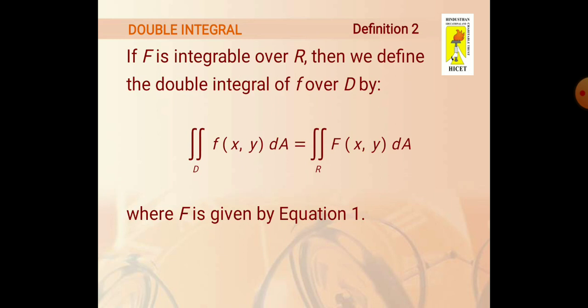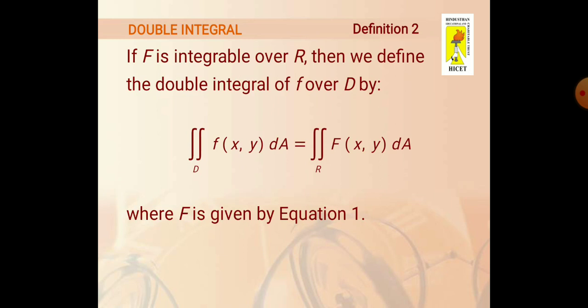If F is integrable over R, then we define the double integral of f over the domain D by double integral over D of f of x comma y dA equals double integral over R of F of x comma y dA, where F is given by equation 1. Definition 2 makes sense because R is a rectangle, and so the double integral over R of F of x comma y dA has been previously defined.